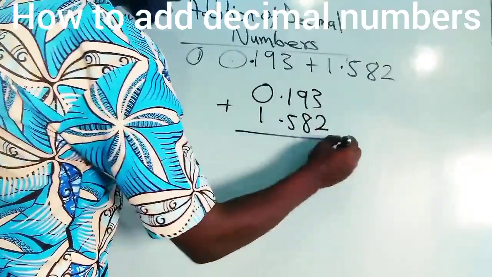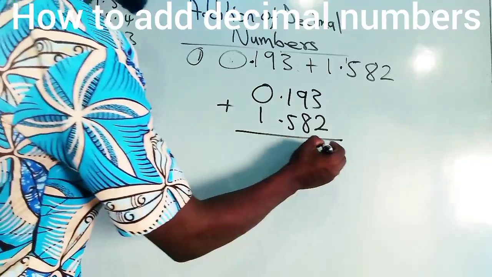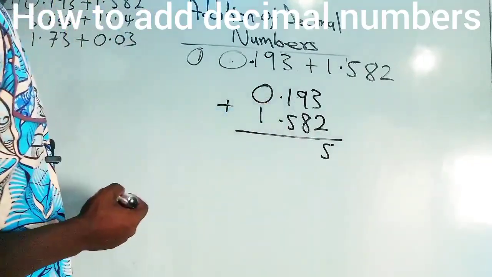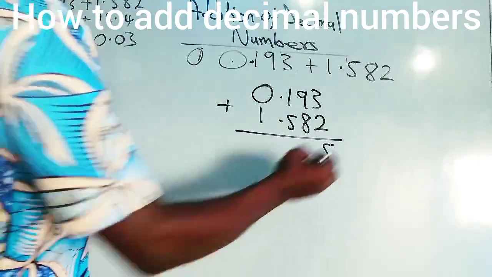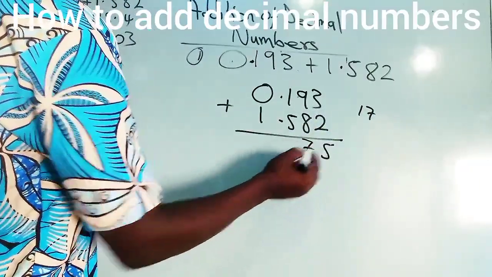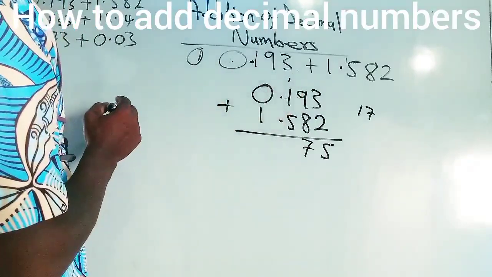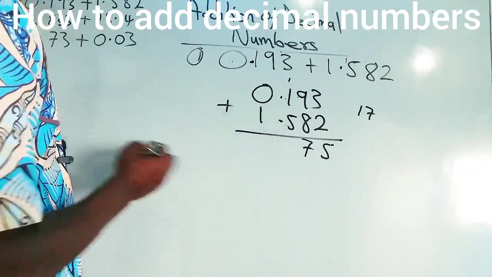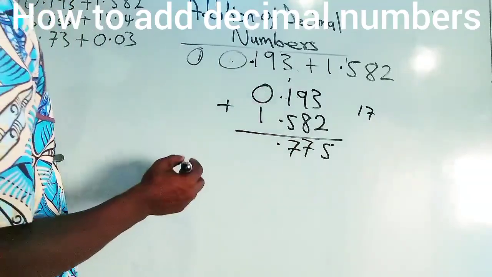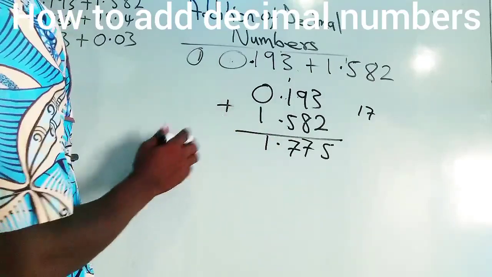1.582. You underline them. Your 3 plus your 2 will give you 5. 9 plus 8 will give you 17. So you write your 7, carry 1. You bring the 1 here. 1 plus 1 will give you 2. 2 plus 5 should be 7. 0 plus 1 will give you 1.